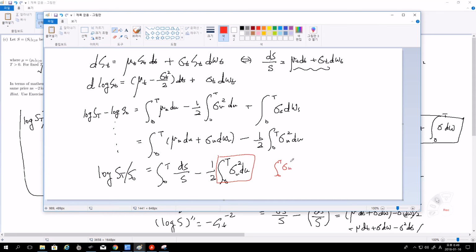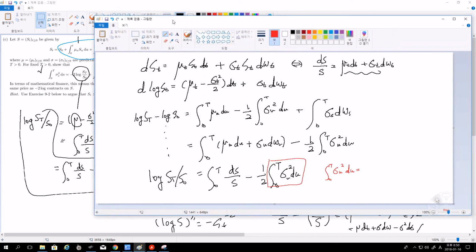The integral of σ² du is basically now multiplied by 2. I move this one over here. Let me make the equation consistent. So minus 2 log S_T over S_0, because I move this one over here and this one over here, and then plus the integral from 0 to T of dS over S. Let me write it down in a clean way.